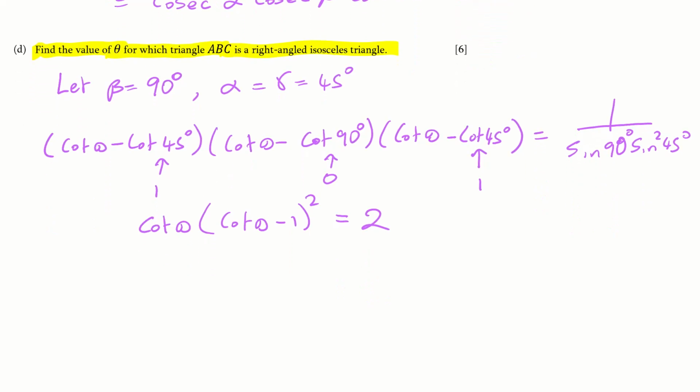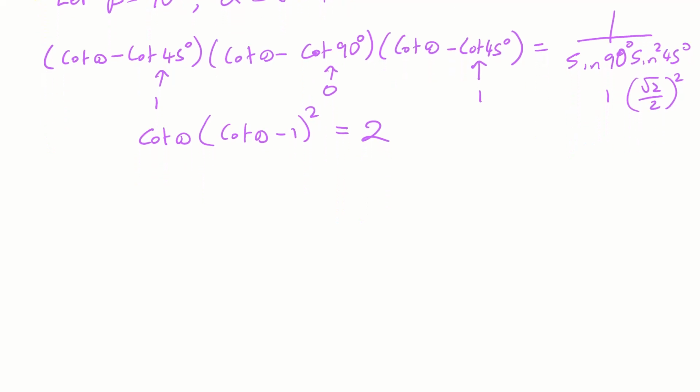With sine 45 being root 2 over 2, squaring that, and sine 90 being 1, that becomes 1 divided by a half, giving us the 2. So expanding out, we get cot cubed theta, take away 2 cot squared theta, plus cot theta, take away 2 is equal to 0.